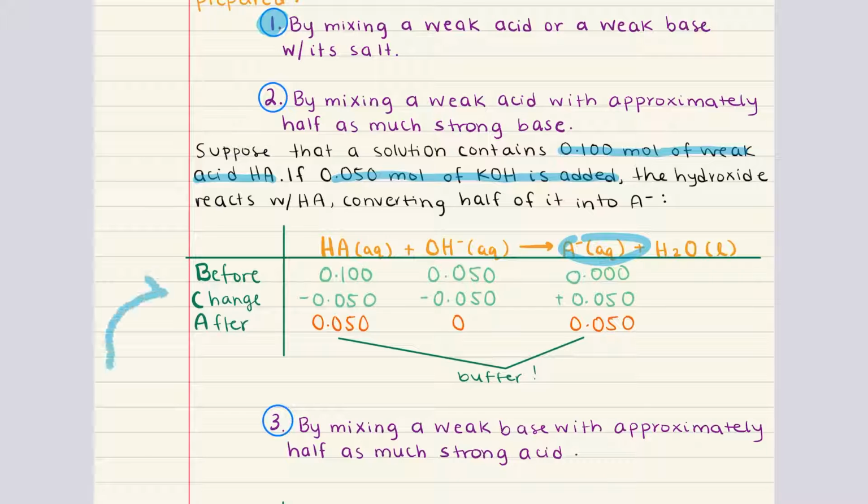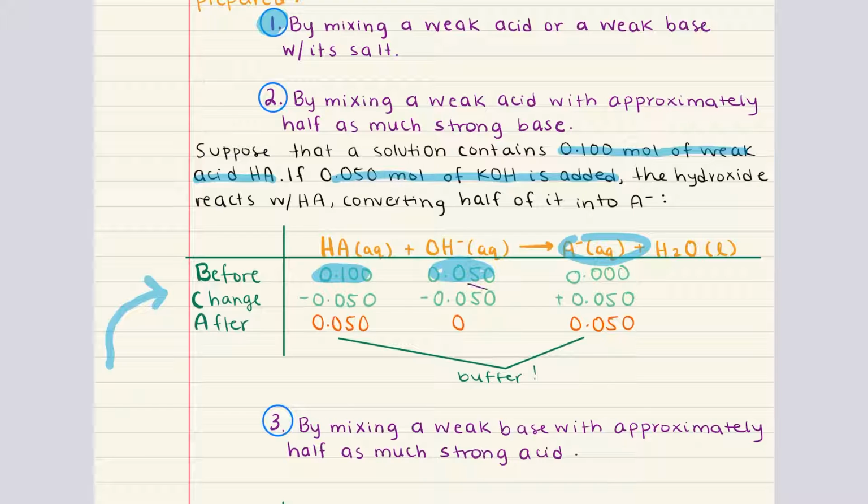Now this is demonstrated in this BCA table. So we have 0.1 moles of our weak acid, and we have 0.05 moles of potassium hydroxide. Now, in this reaction, we see that the mole-to-mole ratio of reactants is 1:1. So the limiting reactant is going to be the reactant with the fewest number of moles, which is our potassium hydroxide.